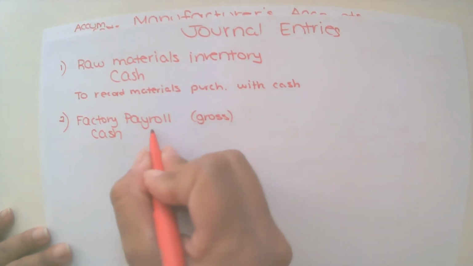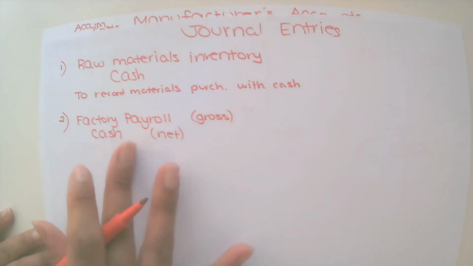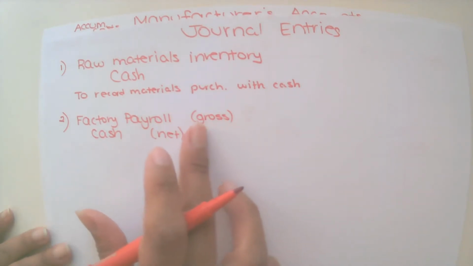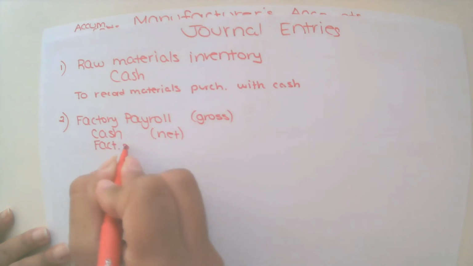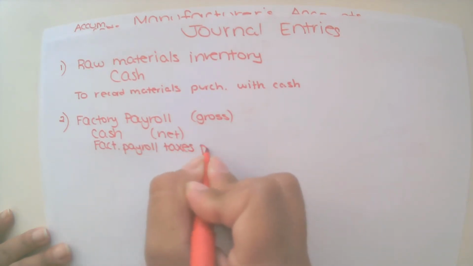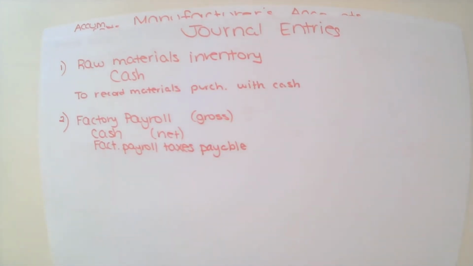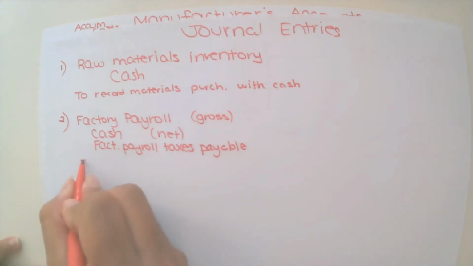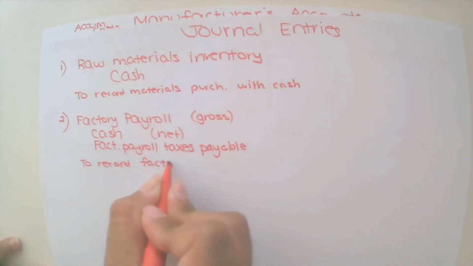Cash will always be for the net, just in case we see an example where there are some payroll taxes. I just want you to know that this is the gross, this is the net. If we had any payroll taxes, they would go to factory payroll taxes payable for the difference. So this is to record factory labor costs.